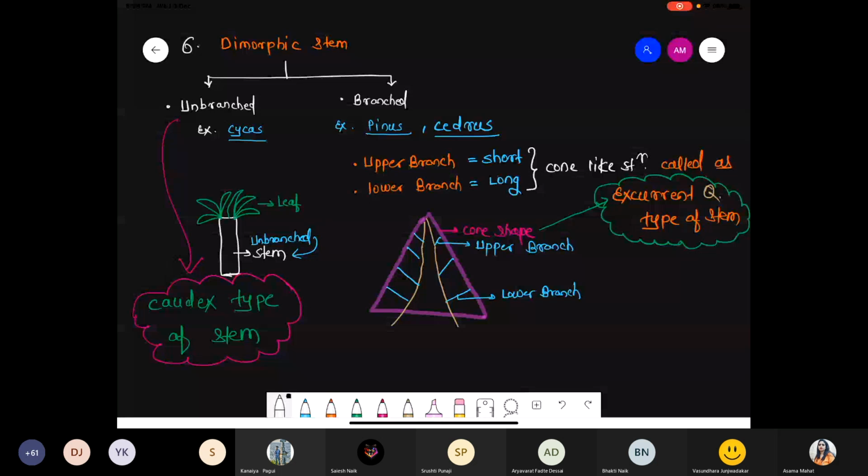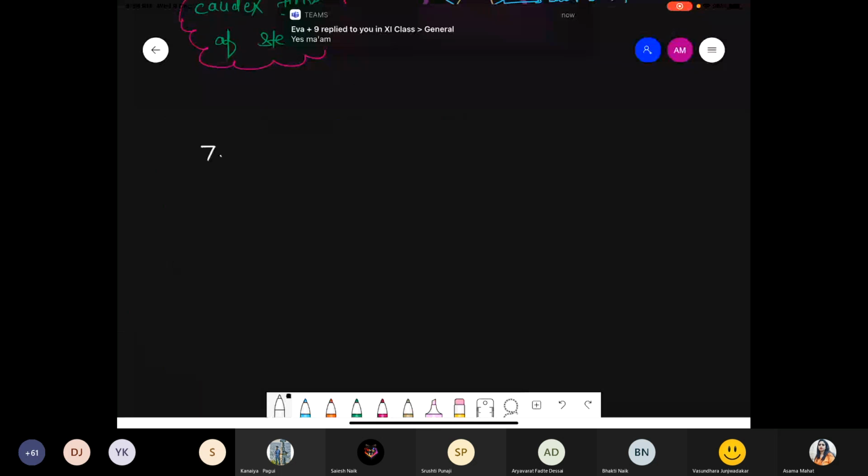Number 7, vascular tissue. Next point, next common characteristic. Okay, chalo. So next point we are talking about number 7. Write down number 7, that is vascular tissue. You know very well, whenever we are talking about the vascular tissue, it means that we are talking about xylem and the phloem.